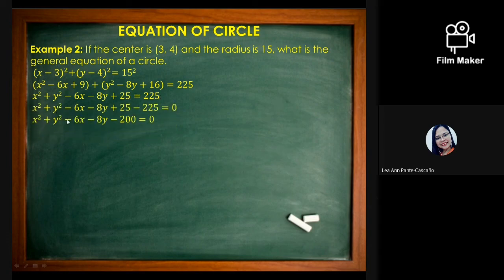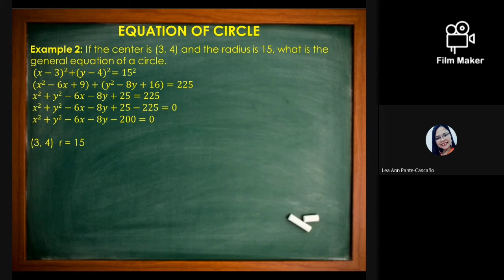Bring down our first given terms. So, 25 minus 225 is equal to negative 200. So our equation is x squared plus y squared minus 6x minus 8y minus 200 equal to 0.